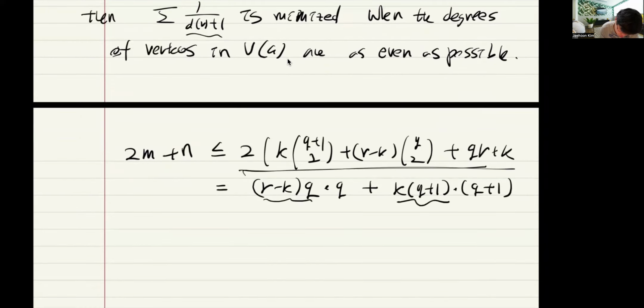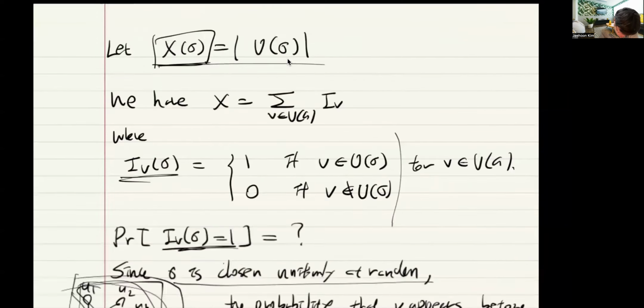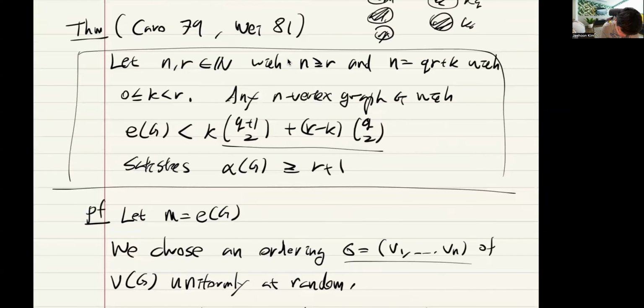And this sums to n. So this is a sum of r minus k terms of q, and then k terms of q plus 1, in total n. Actually, this is strict equality because we have this strict equality.